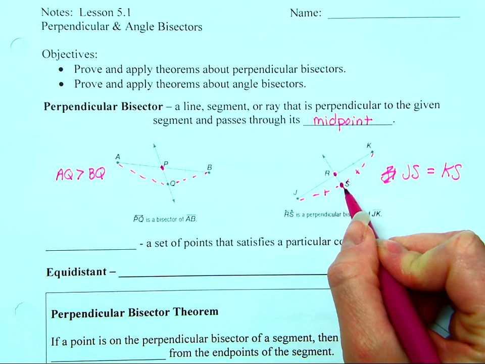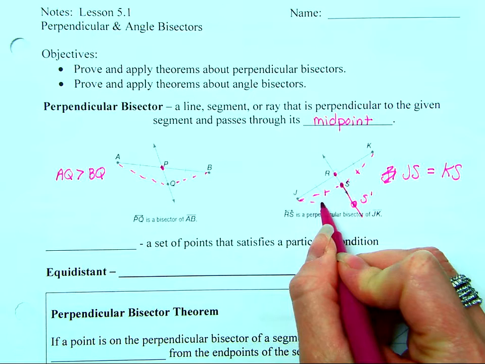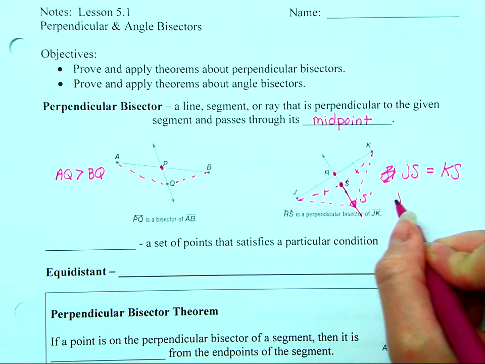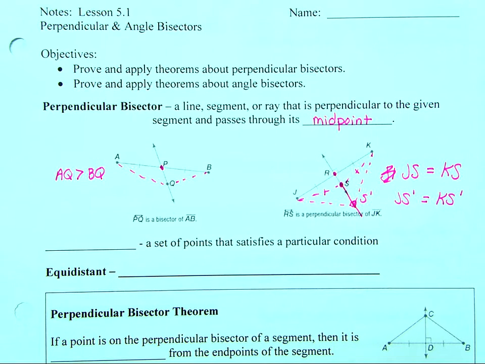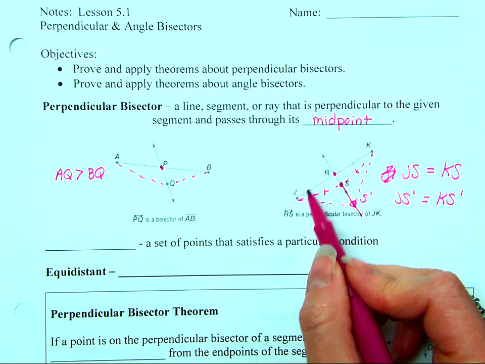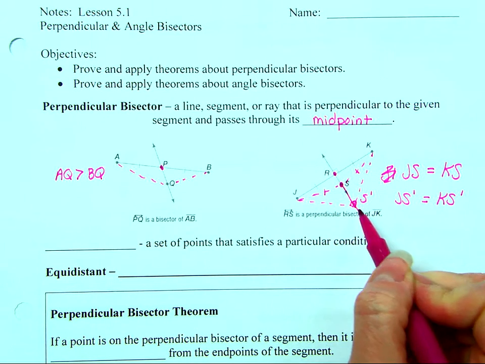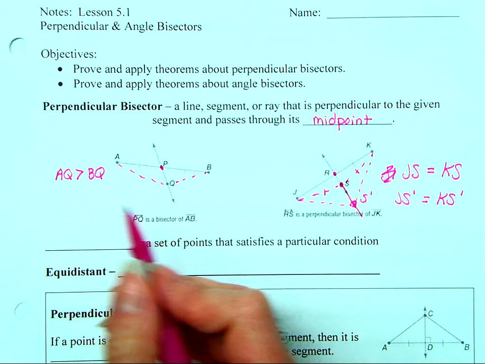And even if I extended this out and I put on here S prime, and I compare J to S prime and K to S prime, my J to S prime would still be the same length as K to S prime. And as we had talked before when we did our constructions, that means any point on this line would be the same distance from J as it is from K. So any point on that line would satisfy those conditions of being the same distance from the endpoints.